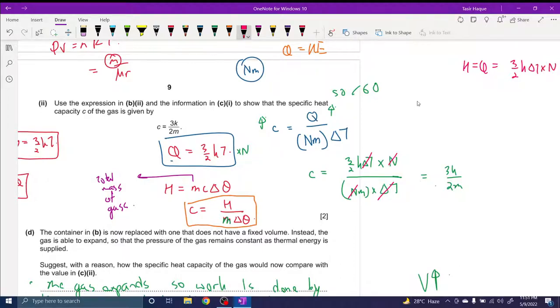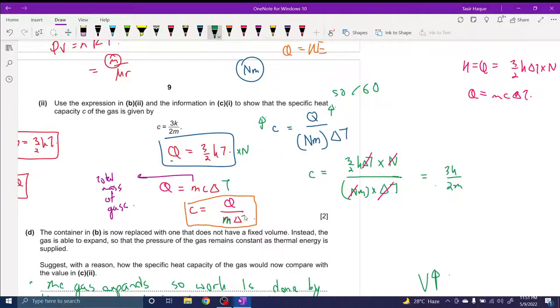We also know that Q is equal to mc del theta, where the m represents the total mass.